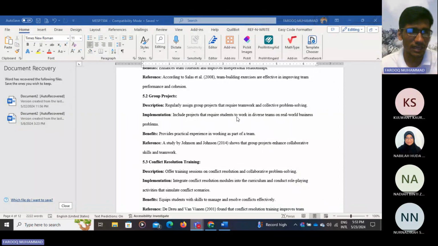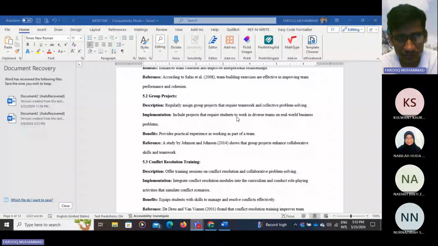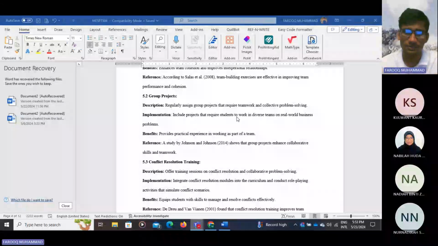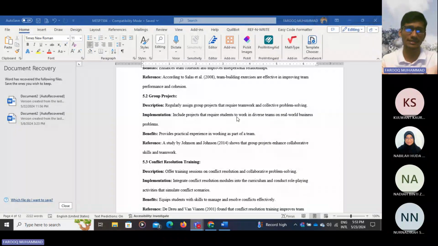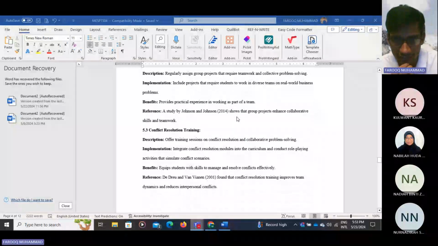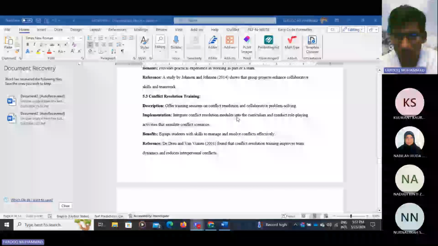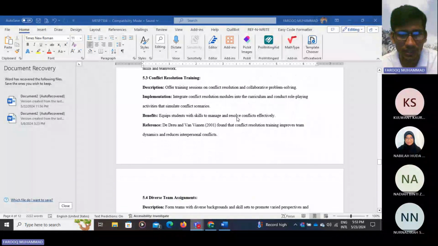So everyone should be given a creative role in the group projects, and a chance to overcome their lacking in that particular employability skill. Here I use the reference study by Jones and Johnson, 2014, that shows group projects enhance collaborative skills and teamwork.